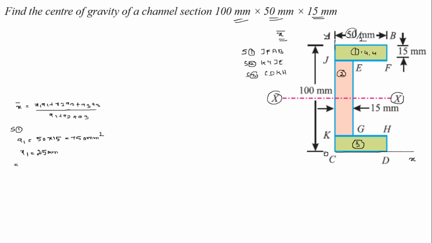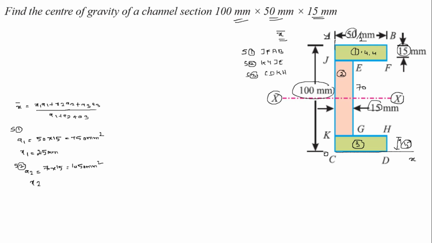Similarly, we calculate section 2, area 2. This is 15 and this is also 15. So 15 plus 15 is 30, and 100 minus 30 is 70. 70 into thickness 15, that is 70 into 15, which is equal to 1050 mm squared.